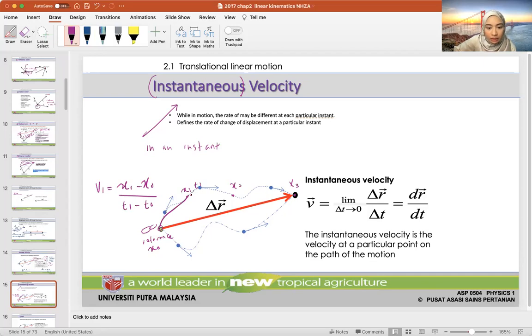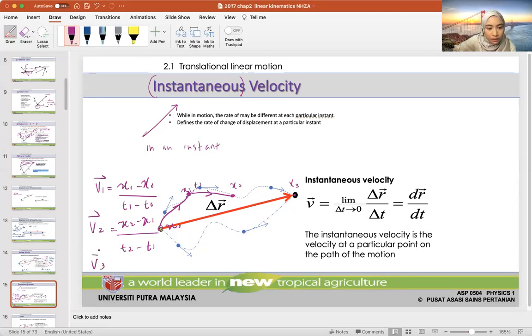And then kat sini ada velocity lain pula, V2. Ni ada direction dia ke atas, bawah pula ke sini. V2 is X2 minus X1 over T2 minus T1. Direction dia macam ni because I am starting here, ending over here. That is the instantaneous velocity from this point to this point.